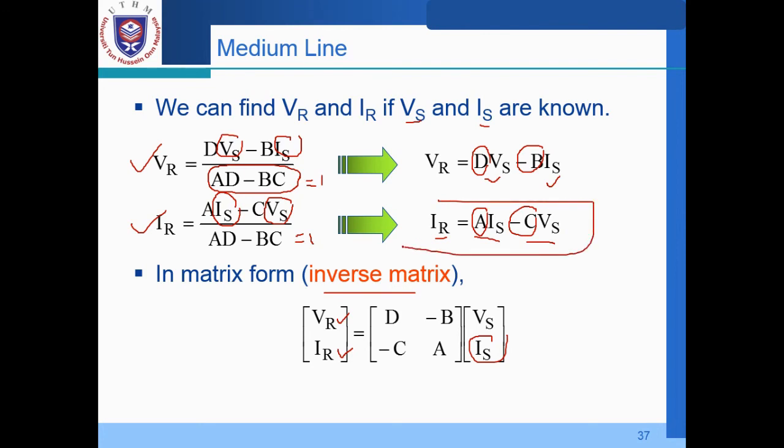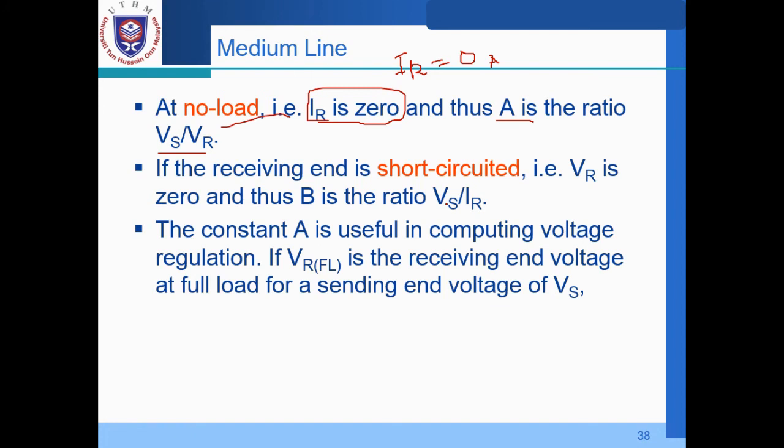So whenever the value of IR is 0, rearranging, we can see that A is the ratio between VS over VR. If the receiving end is short circuit, the end part of the transmission line is short circuit, so VR equal to 0. No load means open circuit, IR equal to 0, but for short circuit we have a straight line over here, so we have VR equal to 0 volt.